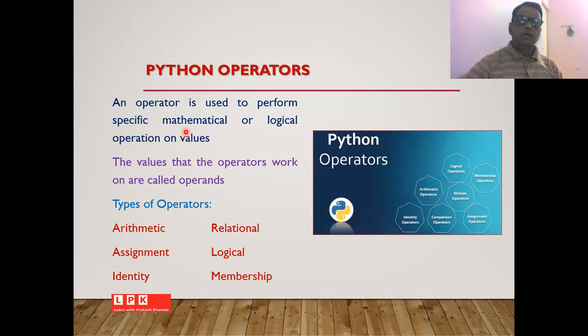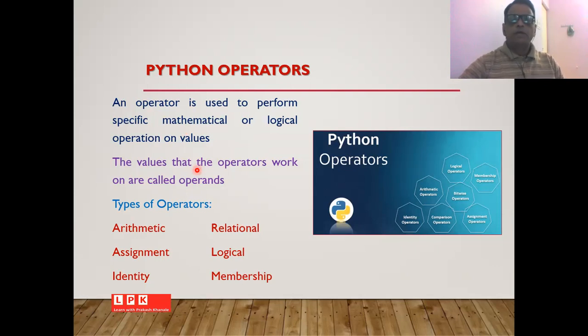Whenever we write a program, it is necessary to use some mathematical or logical operations on the data values provided in the program. Whenever you want to perform such operations, you make use of operators. The values that the operator works on are called operands.